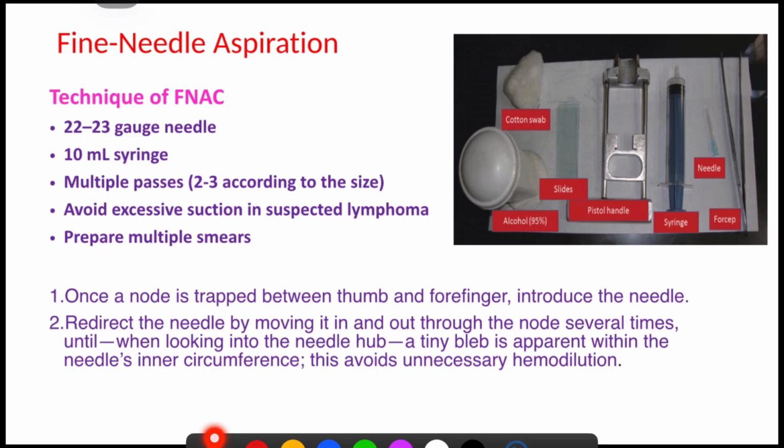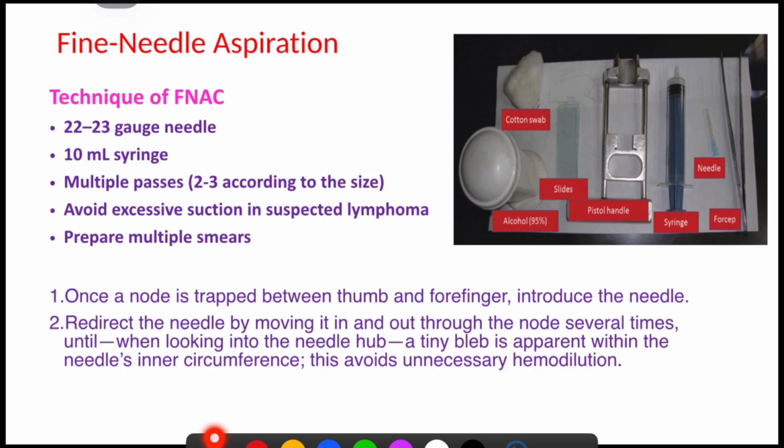In the procedure, first of all we have to see the palpable lesion, and with the help of clinical history we can get some idea about the lymph node pathology. Once we decide the exact location of the lymph node, we have to trap it between thumb and forefinger and introduce the needle.